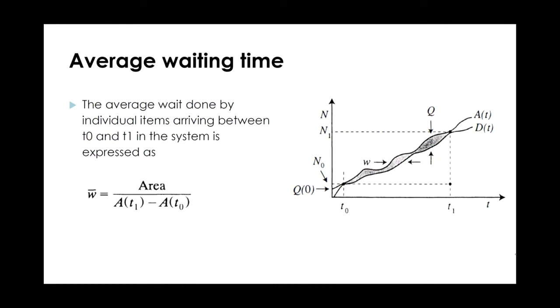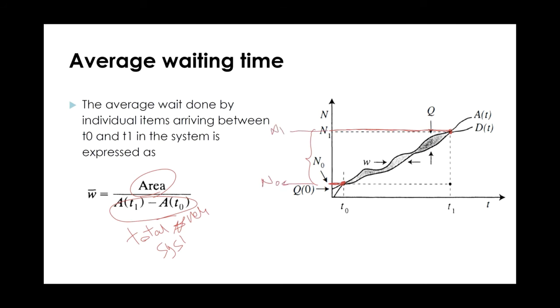But if I take that area between the two curves and divide it by the total number of vehicles in the system, that would be the total vehicles in the system here, from time 0 to time t1, how many vehicles we observe in the system. So it would be from n0 to n1.